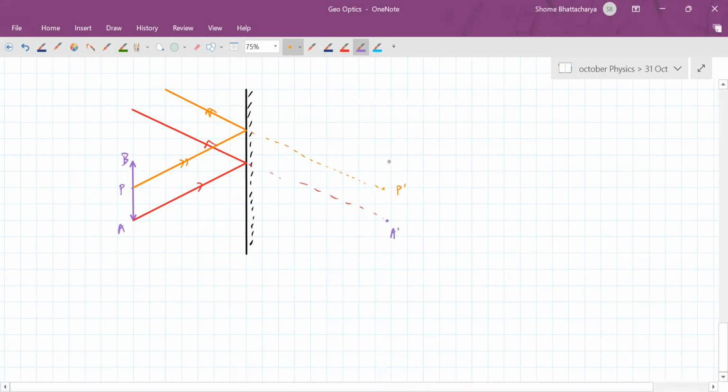So every point has a virtual image of it behind.